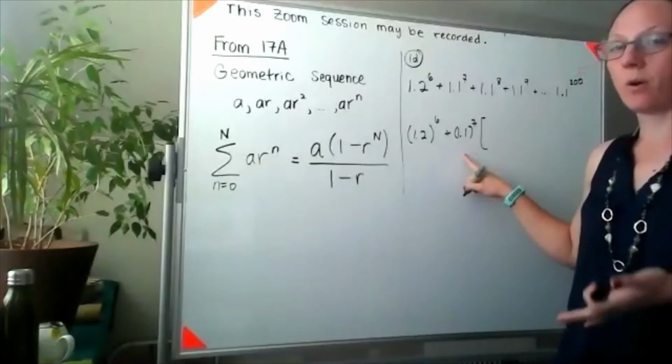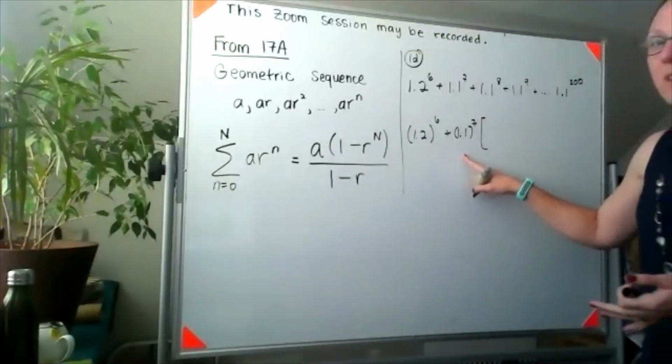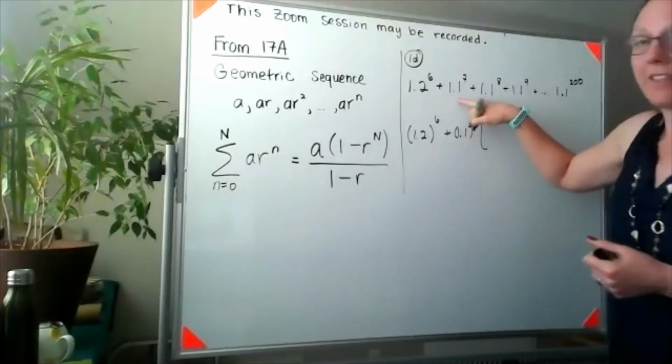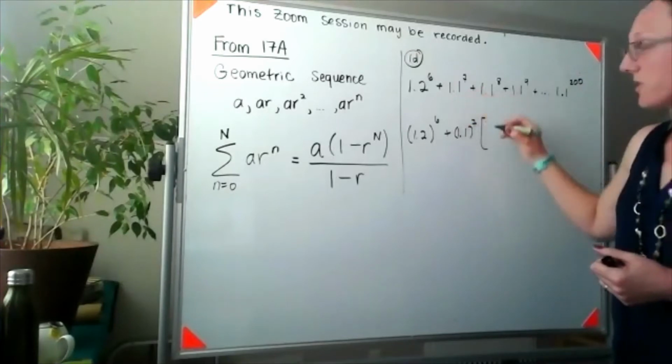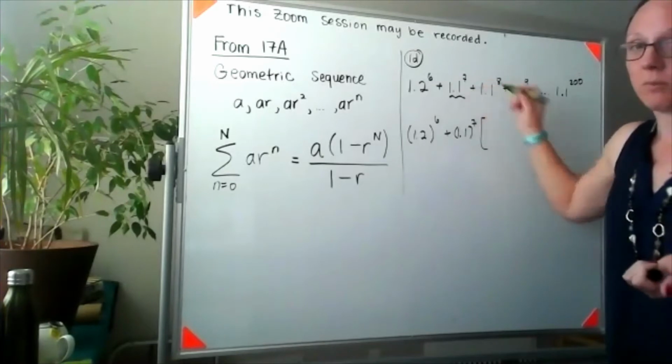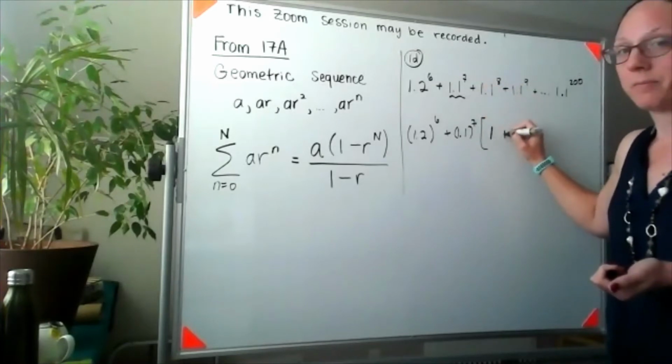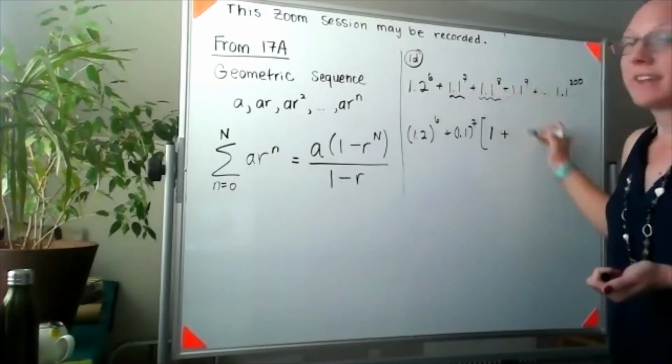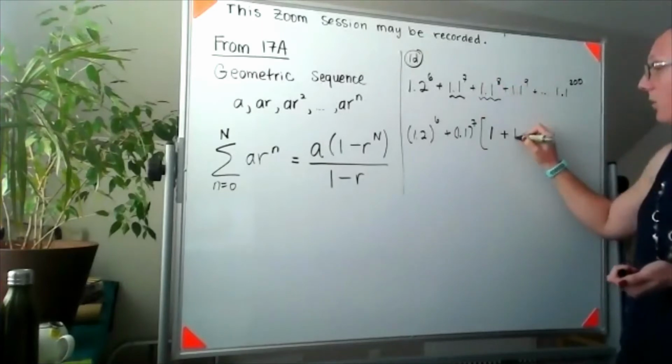And if I factor out 1.1 to the 7th, then that first term would just be, this is what I'm calling now my first term, 1. That next term would be 1.1.